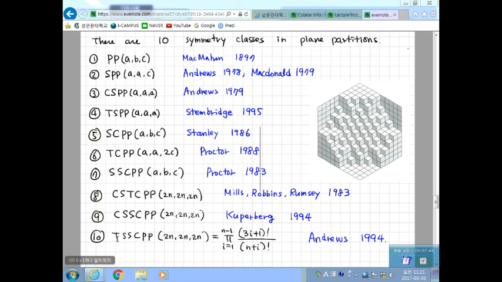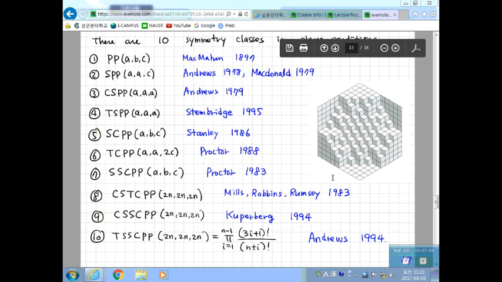This is very famous. It is not only totally symmetric, it is also self-complementary. It has all possible symmetries that you can give. This is an example of TSSCPP. If you do any operation, including complement, you will get the same thing. Rotate, flip, any direction, complement, the same thing. It has every symmetry.